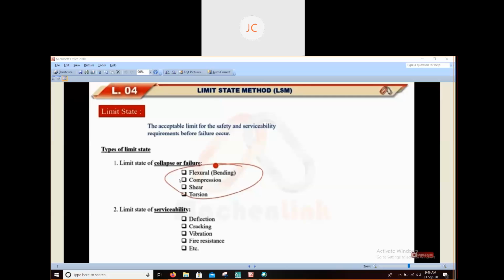Then compression. Can you give me an example of a compression member in a building? That means a member whose load is mainly compressive.